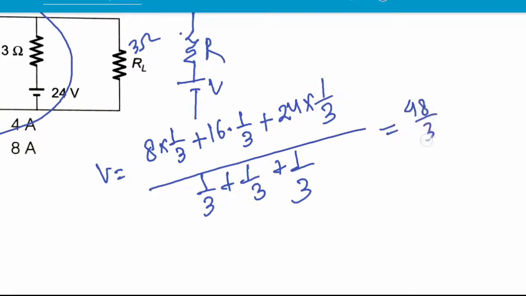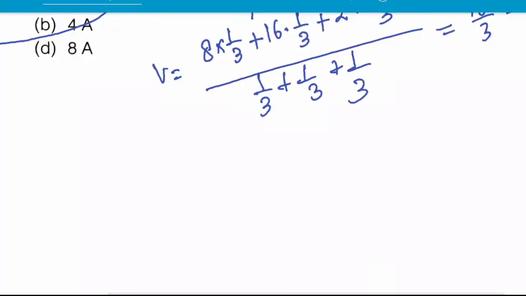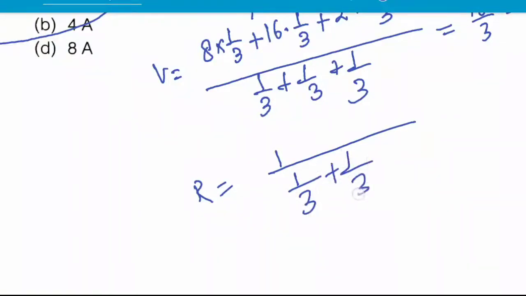48 by 3, which is equal to 16 volt, and the equivalent resistance is given by 1 by resistance plus 1 by resistance plus 1 by resistance, which is equal to 1 ohm.